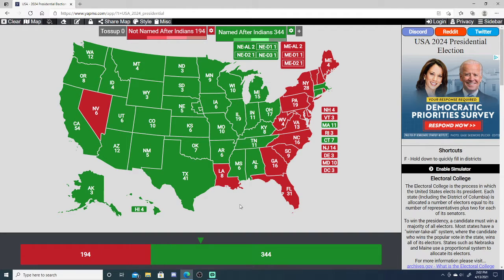The last two states I'm going to hit are North and South Carolina. These states are super cool because what if we named them North and South Cherokee? Cherokee is the name of a big Indian tribe in the southeast: North Carolina, South Carolina, and Georgia.